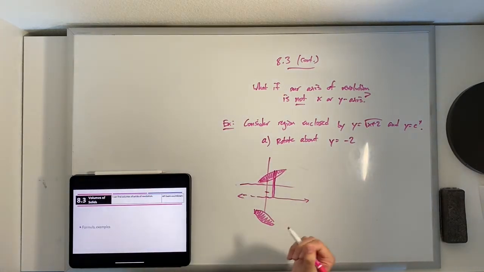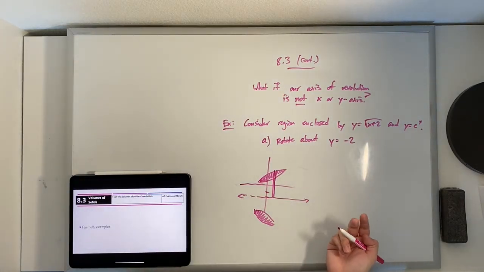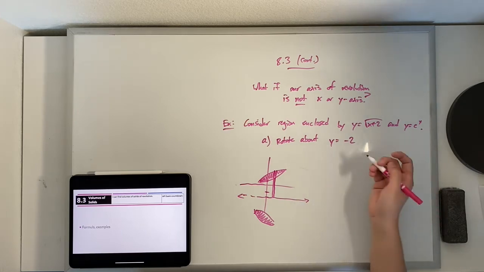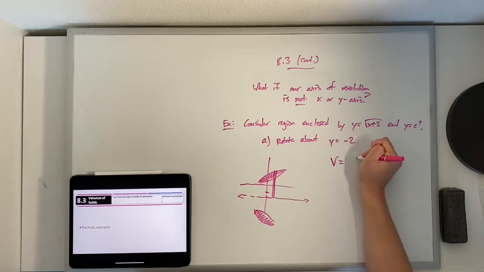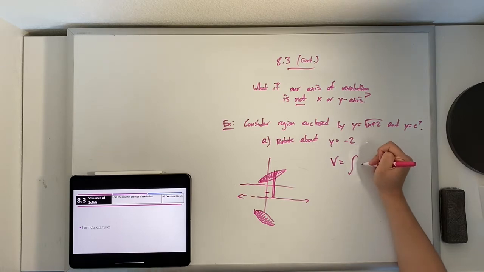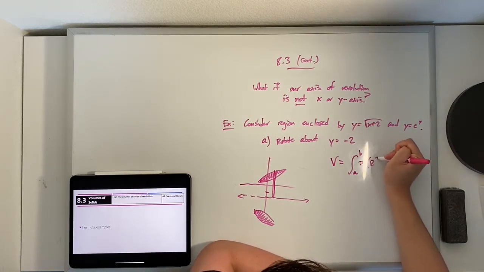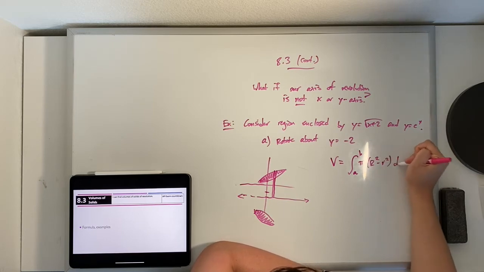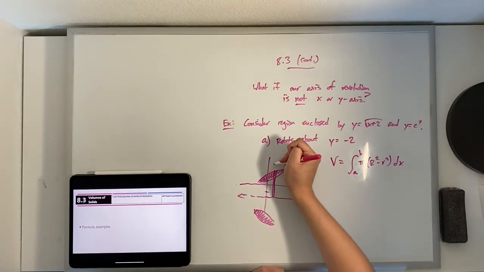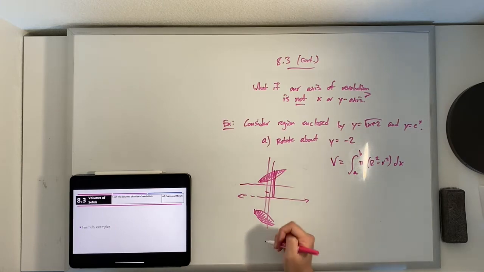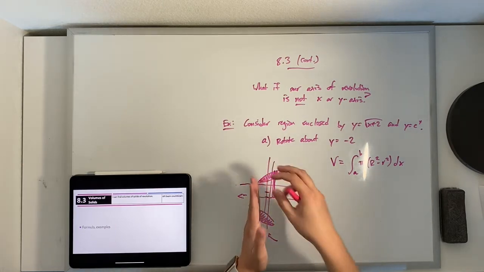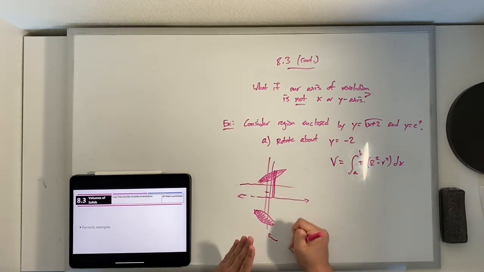All right, the good news is there are a few similarities to what we did before. First and foremost being that our formula is the same thing. We have the integral from a to b of pi times big R squared minus little r squared dx. Because if we imagine taking a cross section here, slicing this out, it is just a much bigger washer.